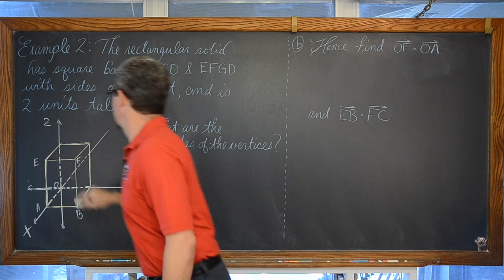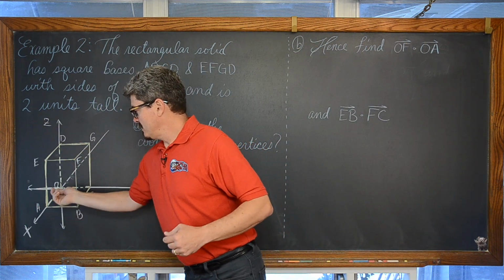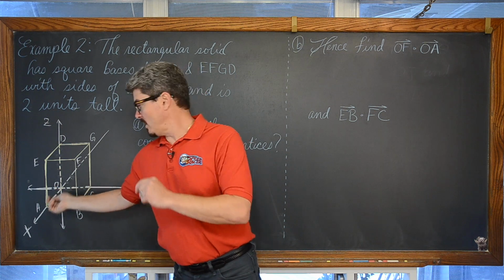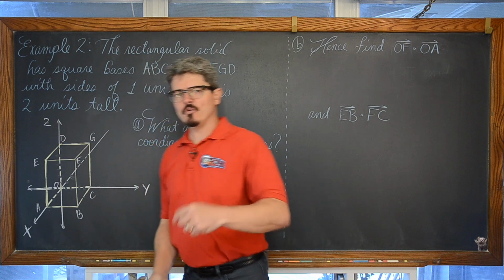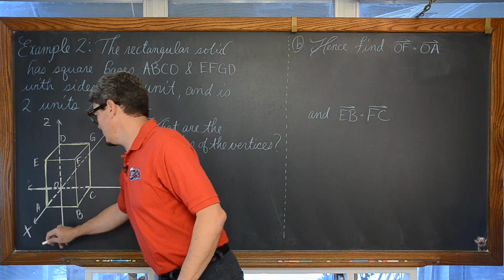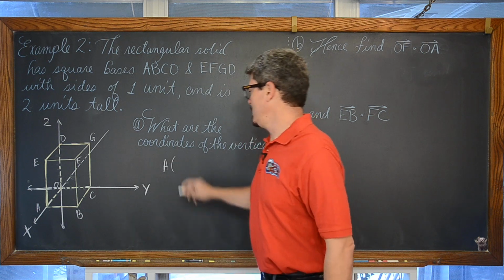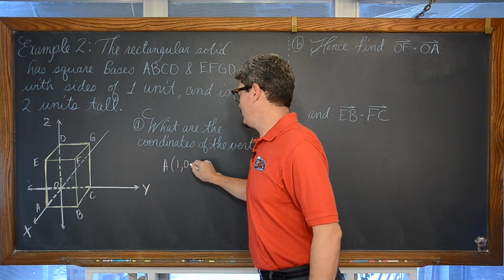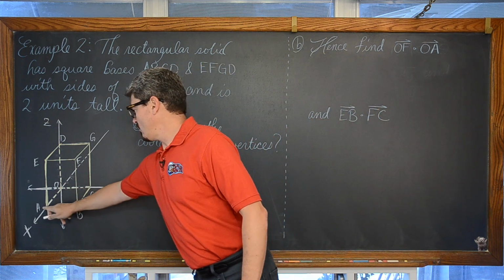EFGD. This vertex is from the origin, one step out from the origin, no movement left to right, no movement up or down. So that coordinate for A is going to be 1 on the x-axis, do not move left to right, do not move up or down. Coordinate B is out 1 and to the right 1.